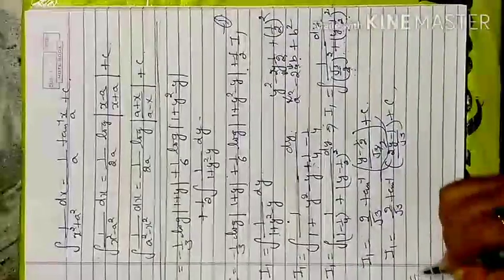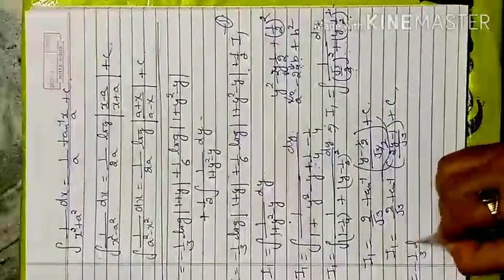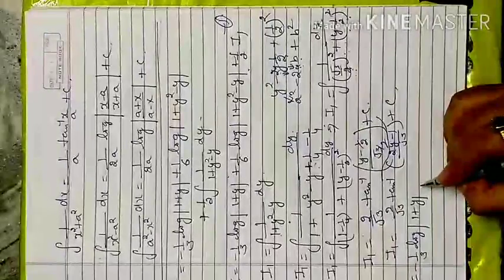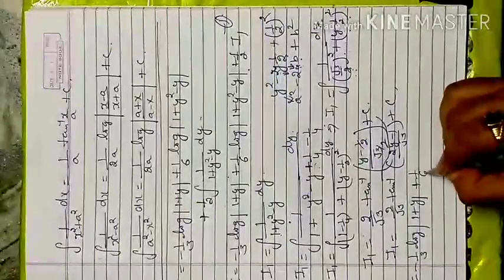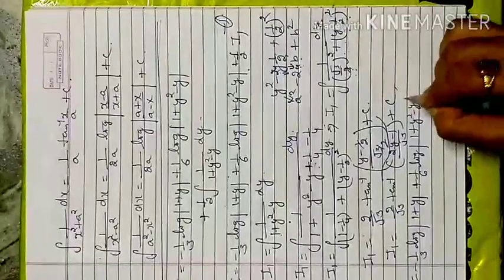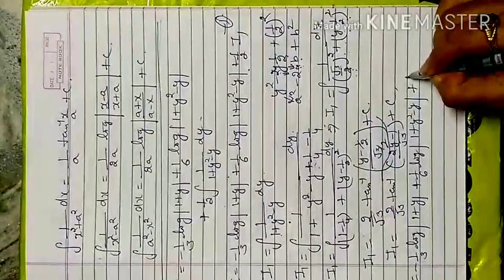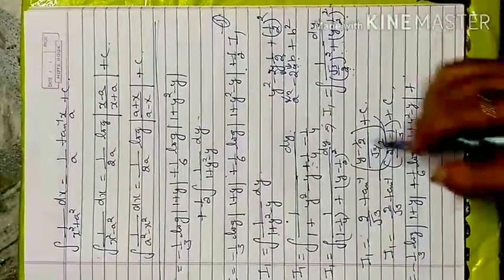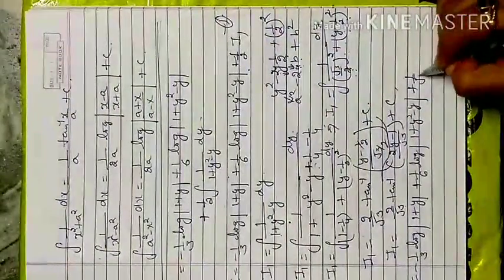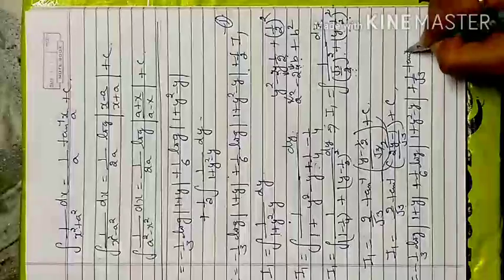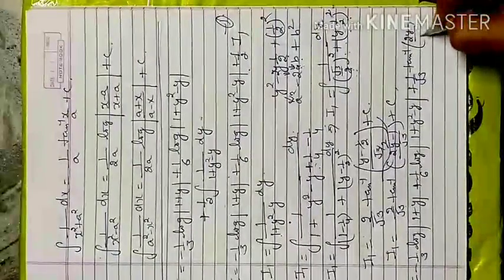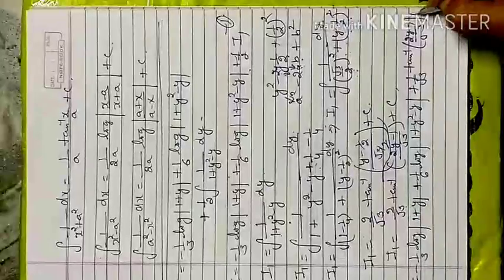Then my required I value is minus 1 by 3 log 1 plus y, plus 1 by 6 log 1 plus y square minus y, plus 1 by 2 is here already, and the I1 value I got is 2 by root 3. So 2 is cancelled, only 1 by root 3 tan inverse is left. That means 2y minus 1 by root 3, plus c.